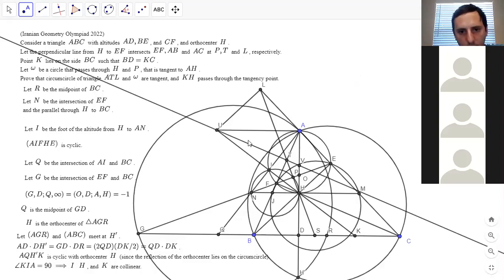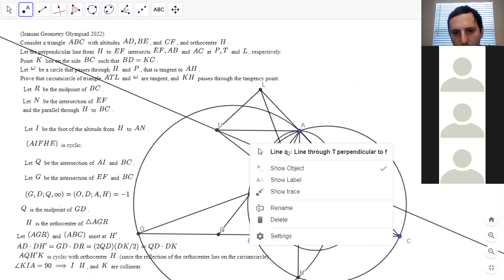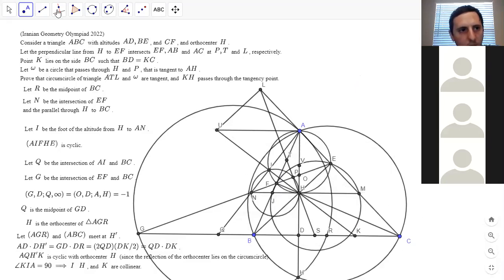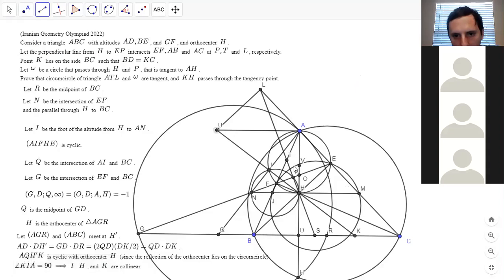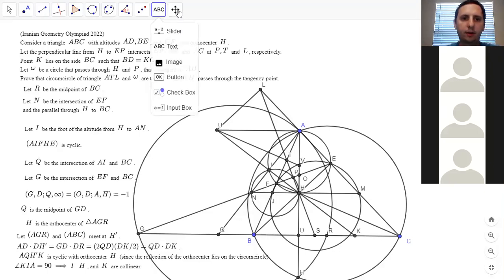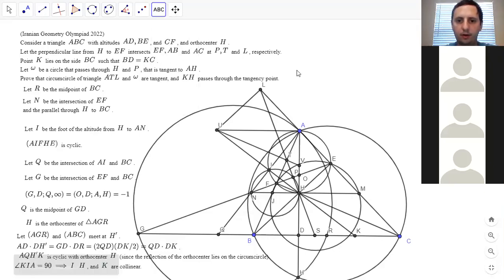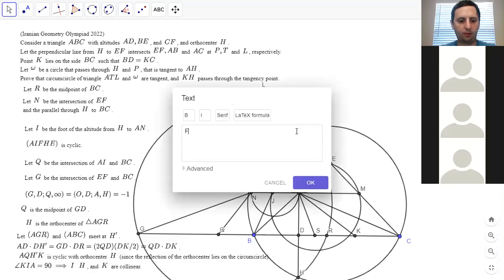V, okay. So if we can prove that ITVH is cyclic, then we just apply the radical axis theorem with the circle with diameter AH and that circle and omega. So first we prove that ITVH is cyclic. I'm just gonna write it up here. So first prove IVTH is cyclic.